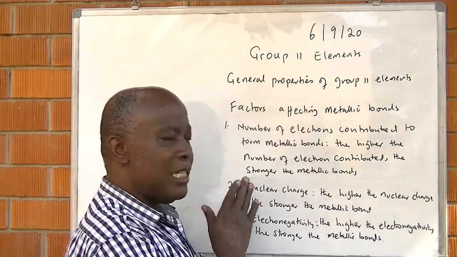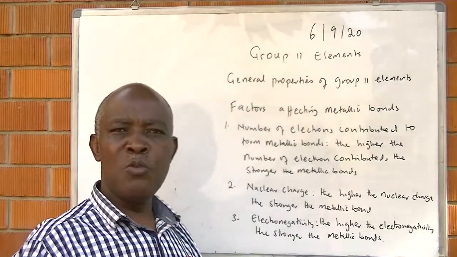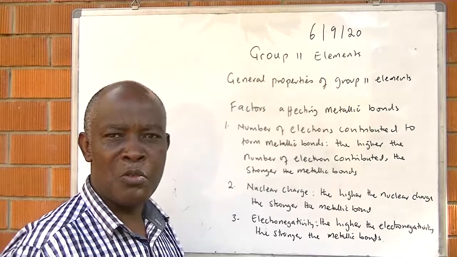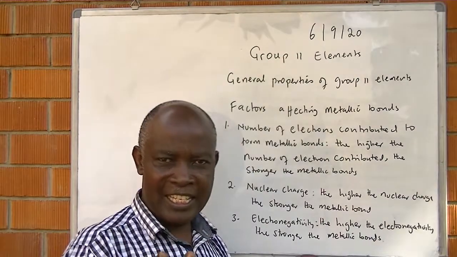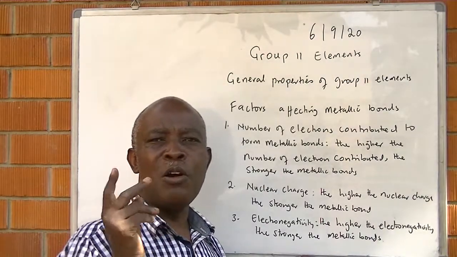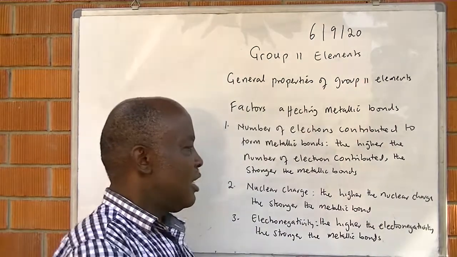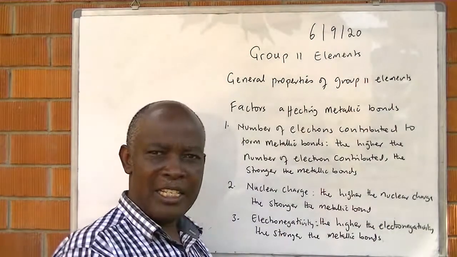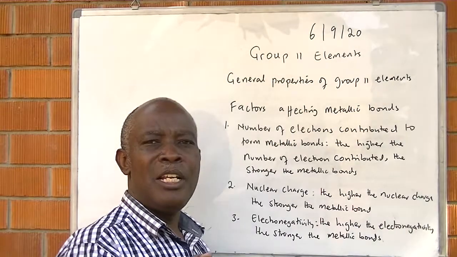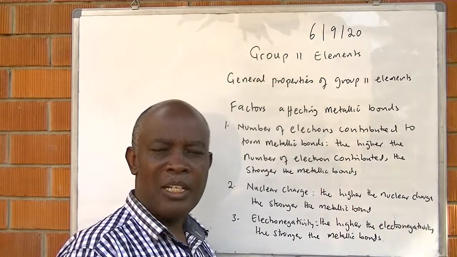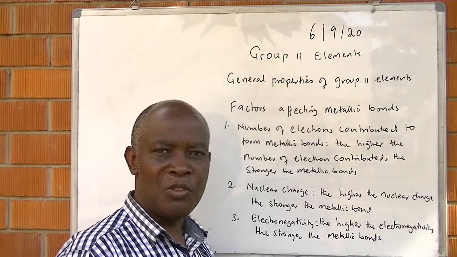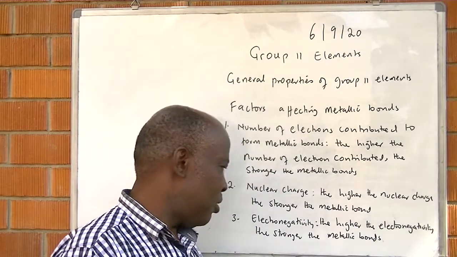Then the nuclear charge. When group 2 elements lose 2 electrons, they will have 2 charges, while group 1 will have 1 charge. The stronger the nuclear charge to the electron cloud, then the stronger the metallic bonds.